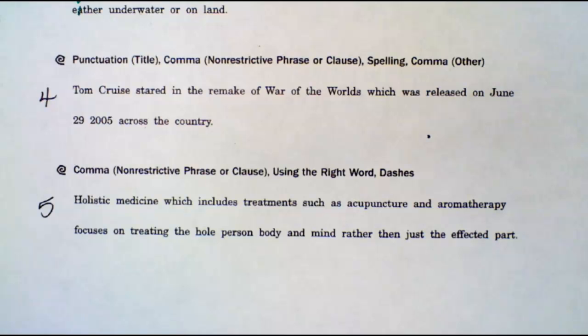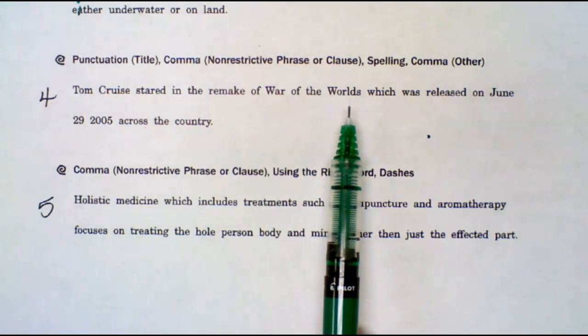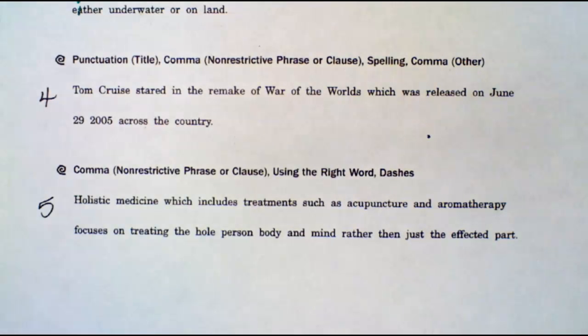So first, let's punctuate our title. As you probably know, our title is The War of the Worlds. So again, to determine what type of punctuation we're going to use, we have to be able to categorize the literature. So now, we are going to decide if we're using italics or if we're using quotation marks.